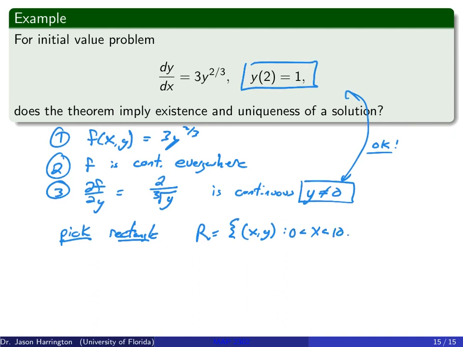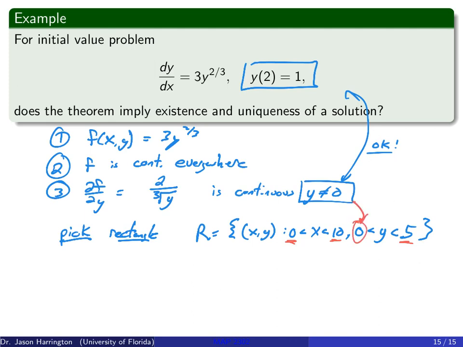I just picked some numbers there. But the smallest the y value can be is 0. It can't actually become 0. It has to be bigger than 0. And again, I'm just going to cap it off somewhere at 5 or somewhere else. It doesn't really matter. The numbers I have in red, I sort of just made up to make an interval, to make a rectangle. As long as this is away from 0, I'm okay.